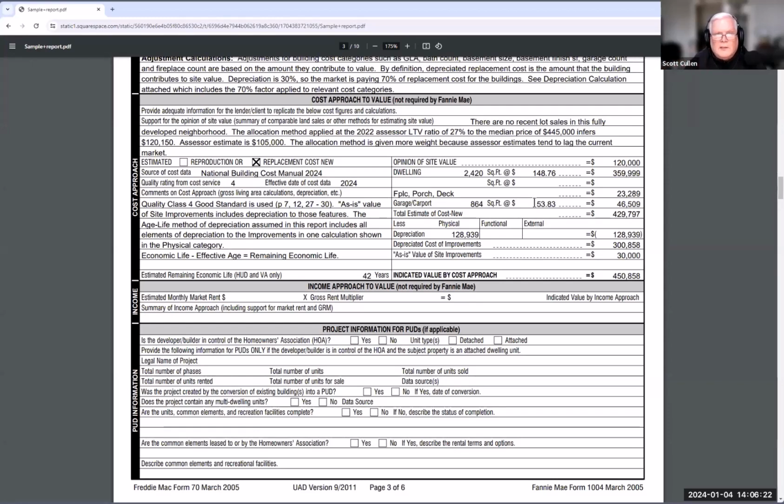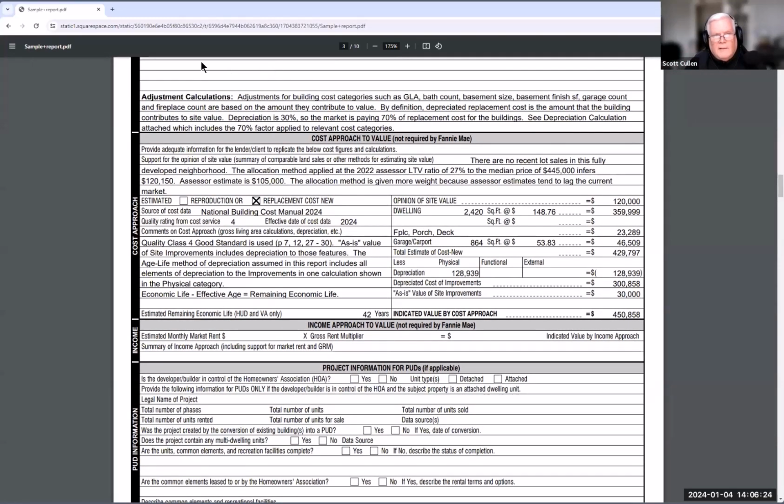Now, some of the other things to note, I always have this boilerplate on page 3 so that I can show the relationship between the cost approach and the sales comparison approach, because they really should show the same result, right, if we're doing them both properly.